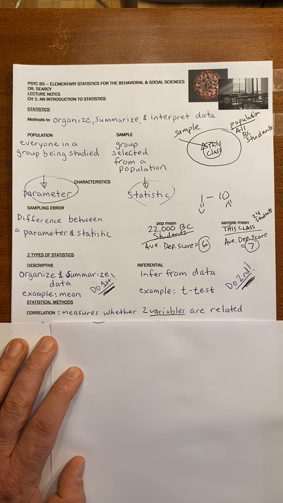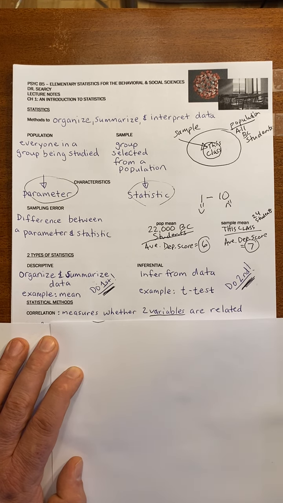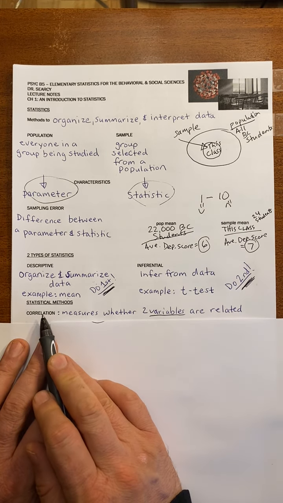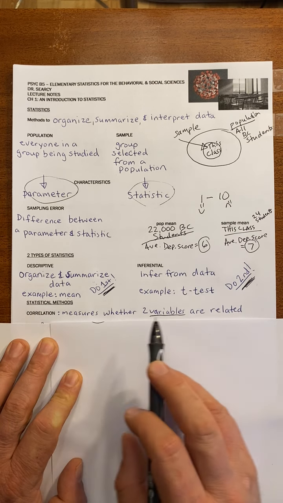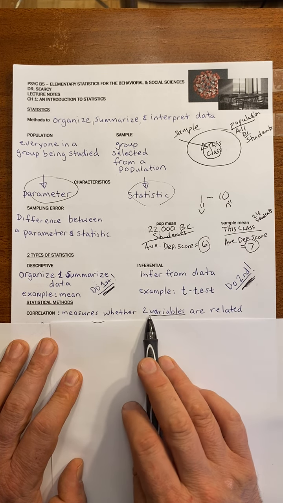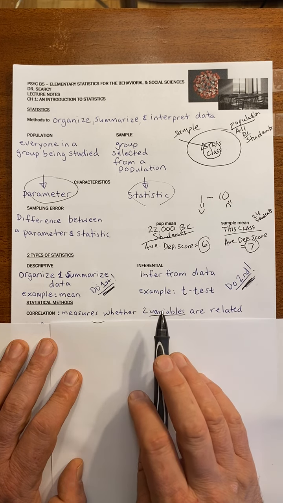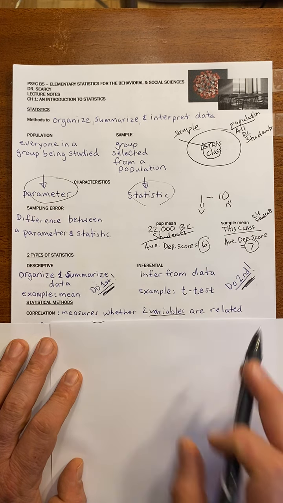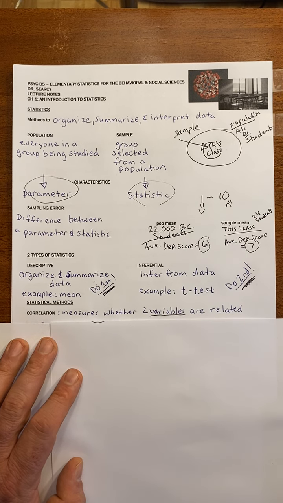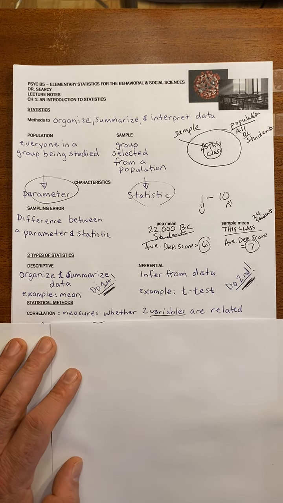Okay, but notice in this definition here, what we're saying is that when someone conducts a correlational analysis, they're looking at two variables at the same time. And they're asking, are these two variables related to each other? So let me give you an example of how this kind of analysis would look.